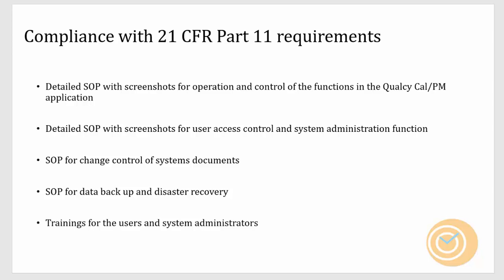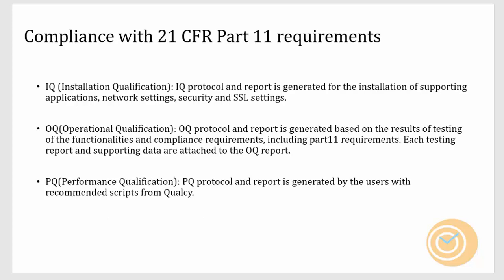And also, you need to have a good SOP for data backup and disaster recovery. And make sure to provide detailed training for the users and the system administrators, and keep good training records. Again, these are additional documents you would need for the 21 CFR Part 11 requirements.